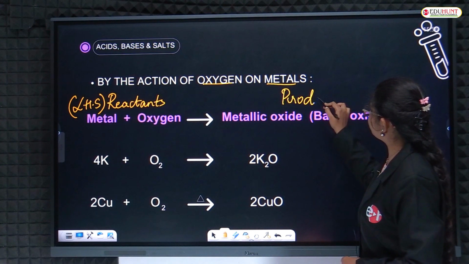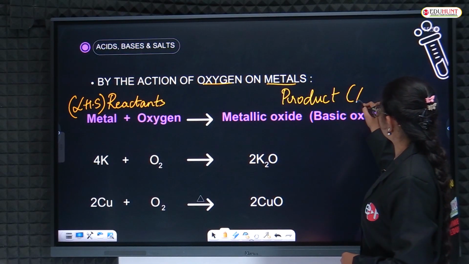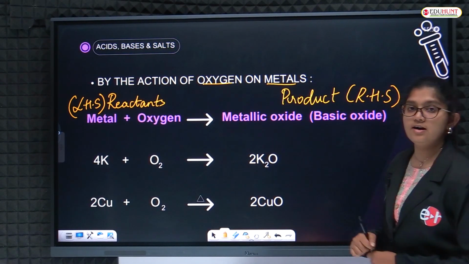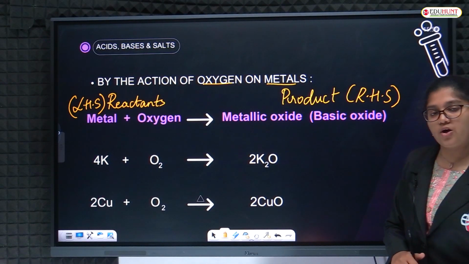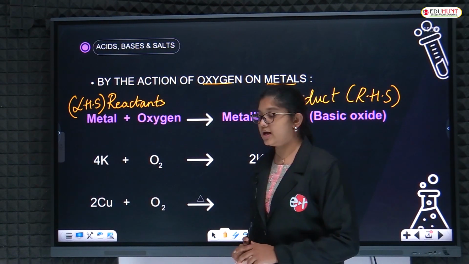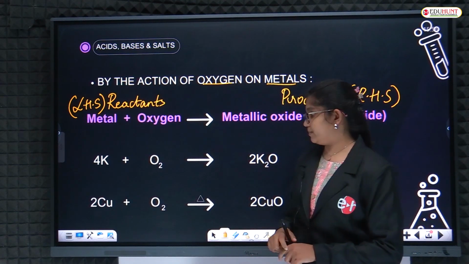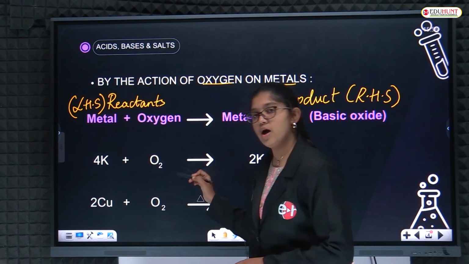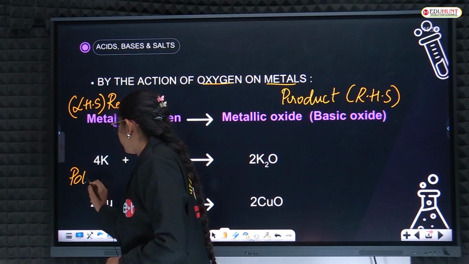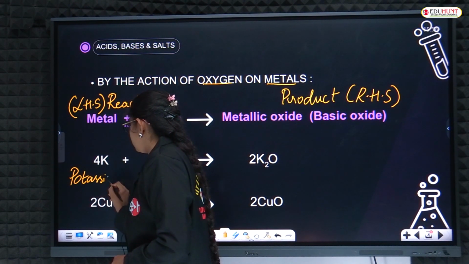Here we have only one product towards the right hand side. It is simply a metallic oxide. Here we have the metal, potassium, and oxygen. The representation of oxygen is O2. This is potassium metal.